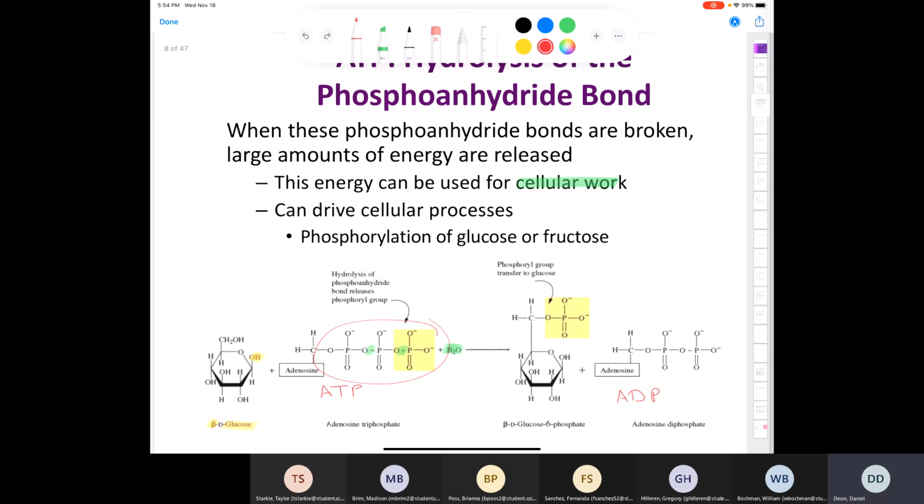So now instead of just having plain old beta-D-glucose, if I count up my carbons, 1, 2, 3, 4, 5, 6, on carbon 6 I have a phosphate. So I get beta-D-glucose 6-phosphate. Now, there's an enzyme that's responsible for this process, okay? And the name of that enzyme is hexokinase.